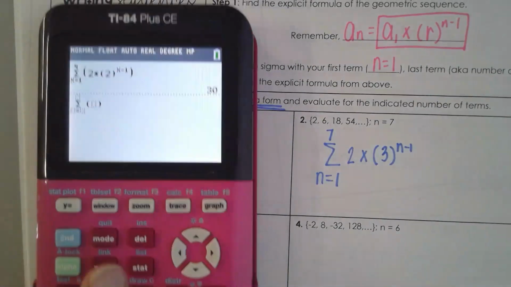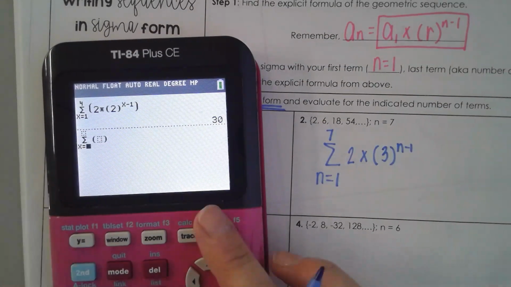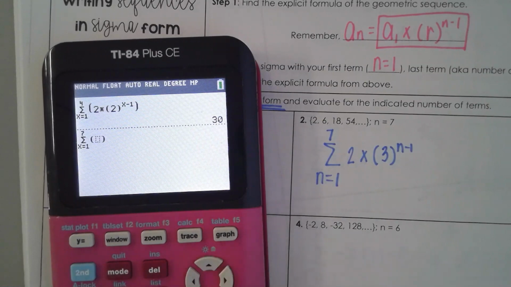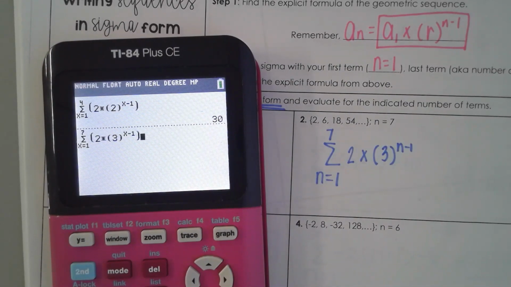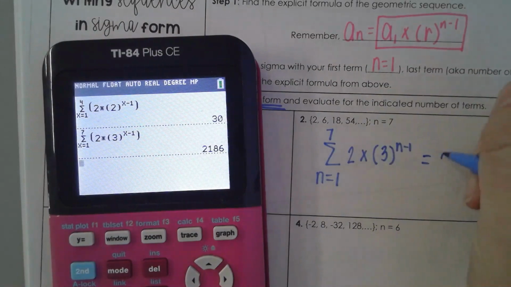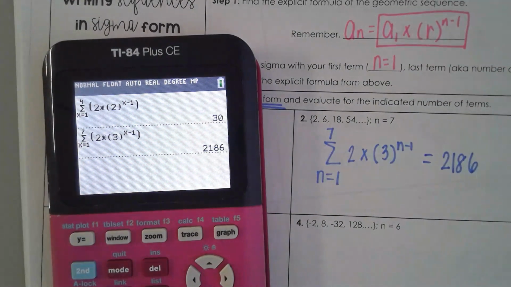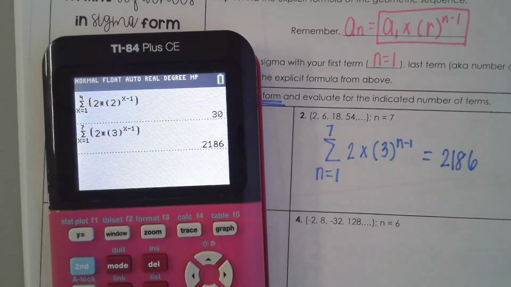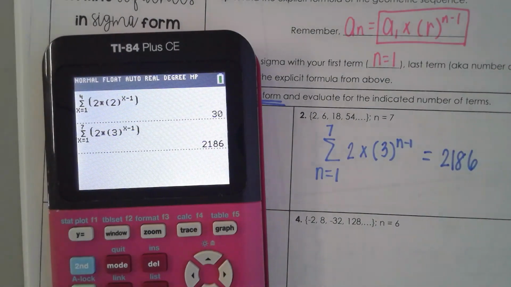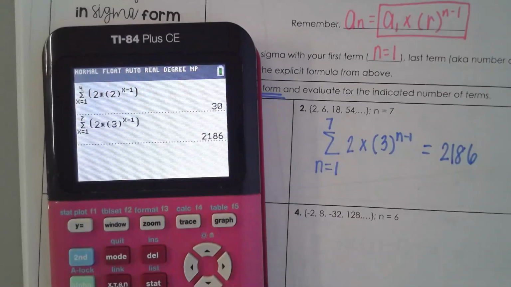Math 0. 2,186. Does anybody need help getting that in the calculator?